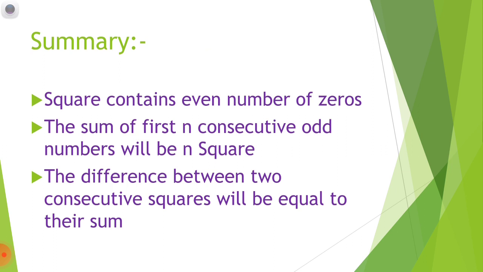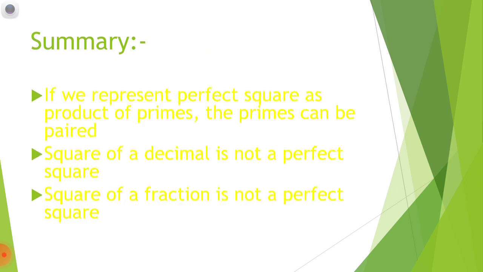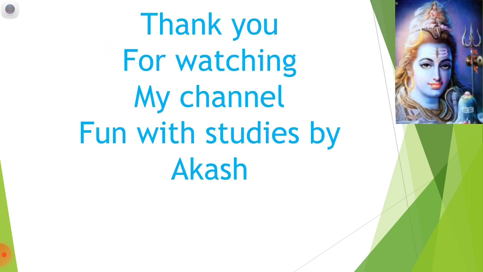The sum of first n consecutive odd numbers will be n square. The difference between two consecutive squares will be equal to their sum. If we represent a perfect square as a product of primes, the primes can be paired. Square of a decimal is not a perfect square. Square of a fraction is not a perfect square.